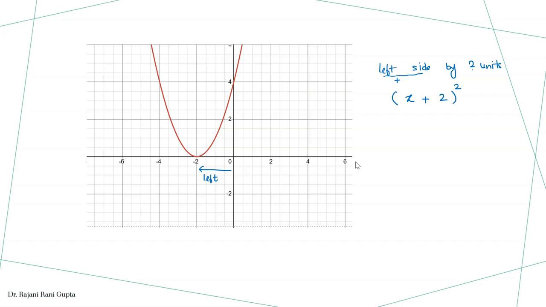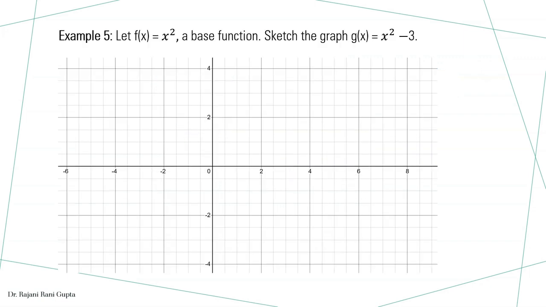Okay, now another kind of question that may be asked from this topic is they give you the base graph. They ask you to sketch the graph of x square minus 3. So now you see here x power 2. So when you see x power 2, it means the transformation is vertical. Now depending upon this value, this is minus 3, it means down.